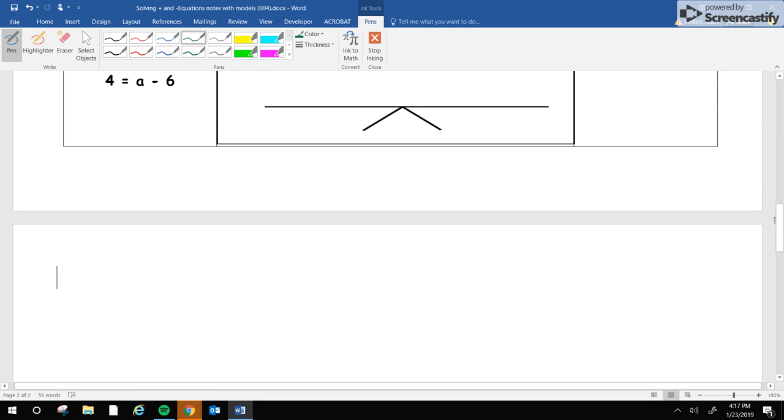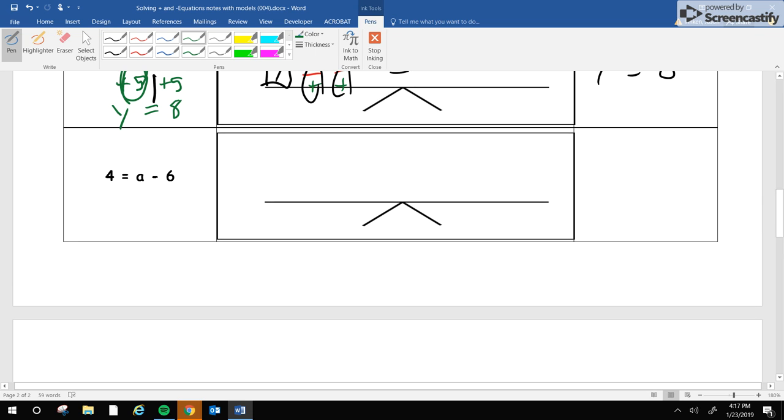The last one, we have 4 equals a minus 6. So here's our equal sign. Okay, I'm going to have 4 pluses. Now over here, I'm going to have my box that represents a.